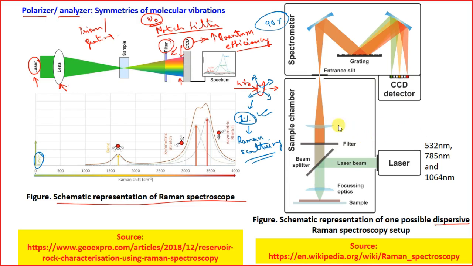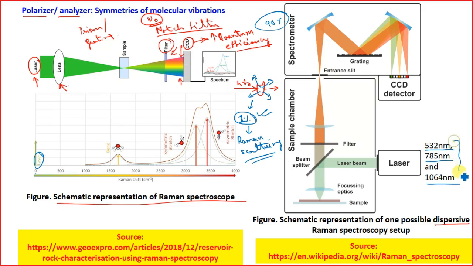Now, you can have a detailed representation over here also. Herein, if you see the laser, there are three types of laser which are very commonly used: 532 nanometer, 785 nanometer, and 1064 nanometer.